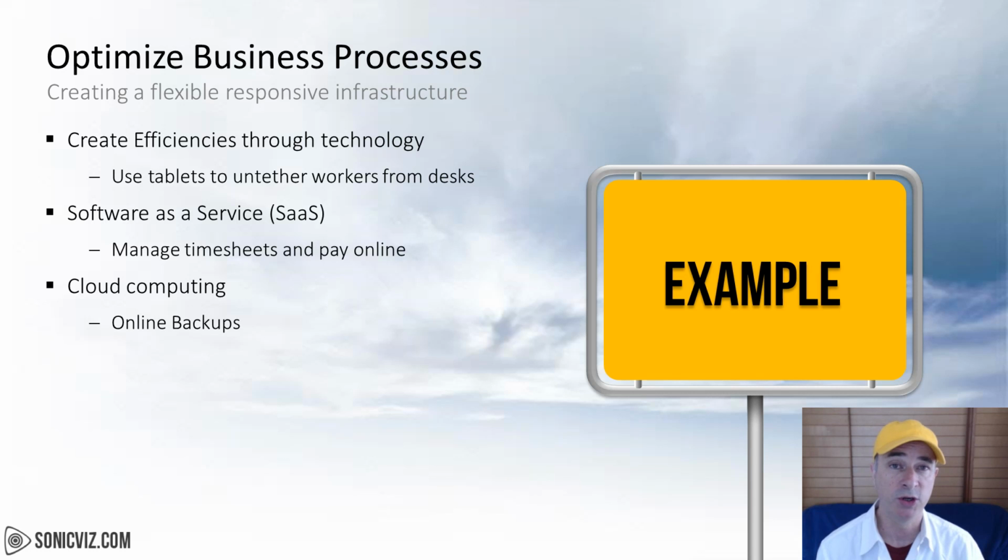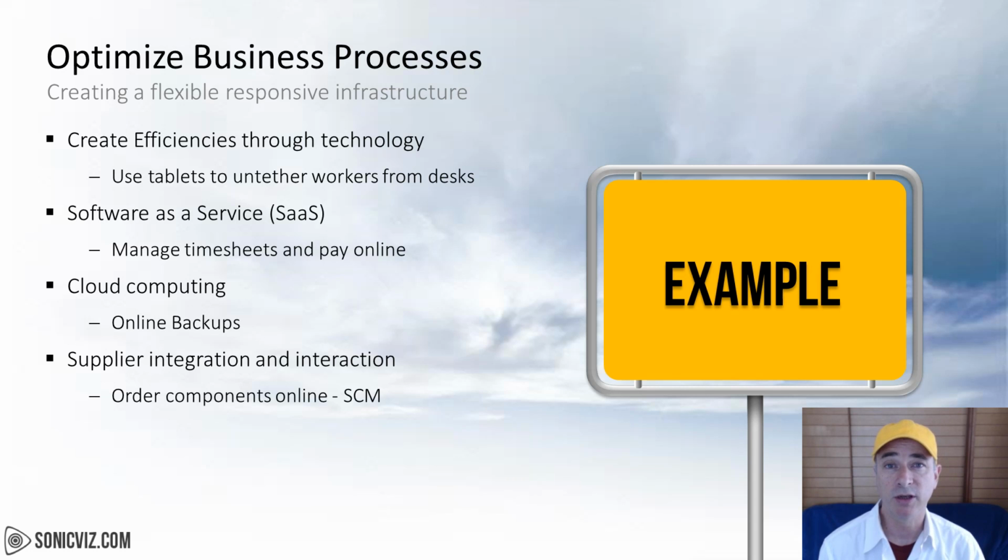You can now do secure online backups if you've got the bandwidth. Supply integration and interaction, ordering components online for supply chain management. And analytics, analyzing customer data and getting some real insight into what your customers are actually doing in real time, rather than just what they say they do.